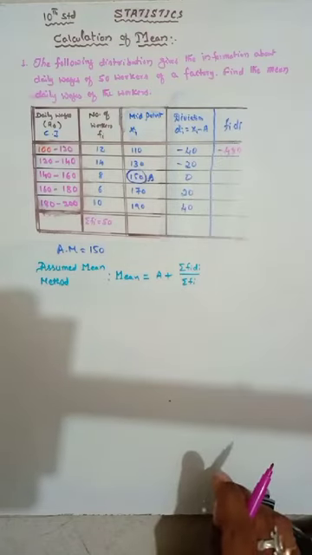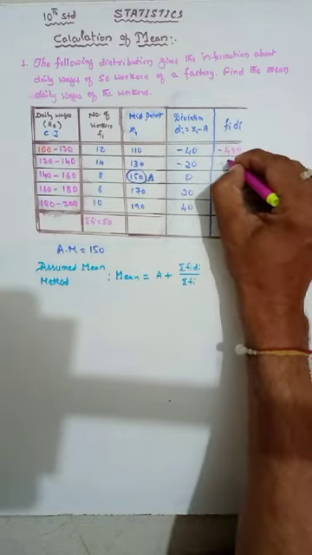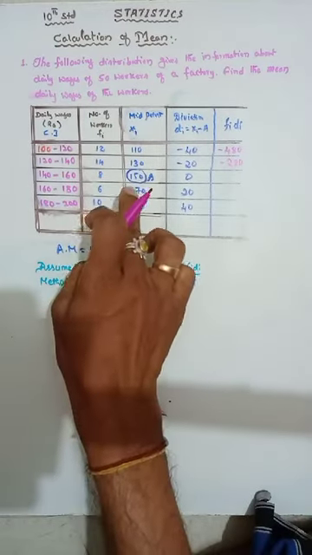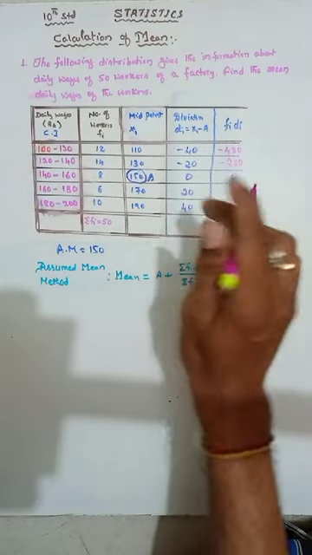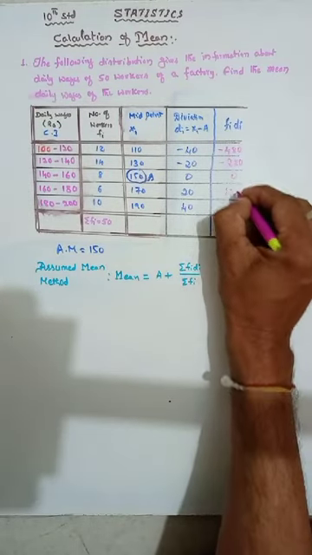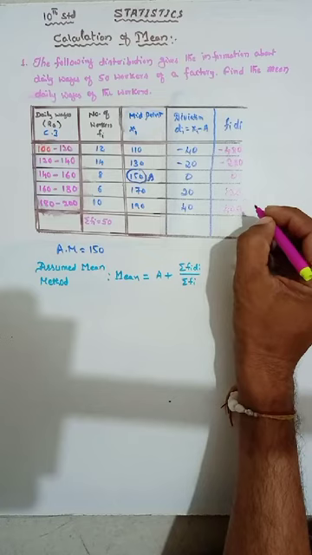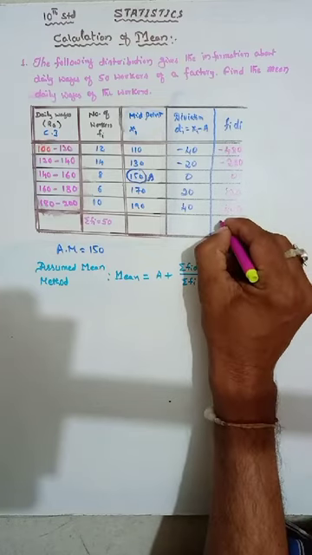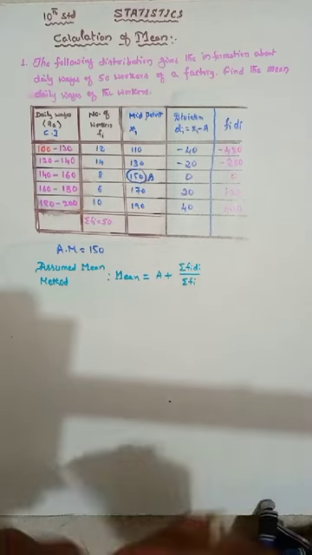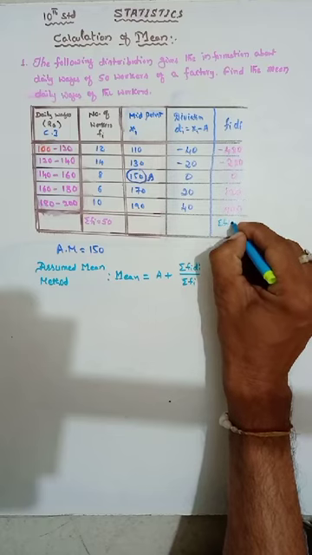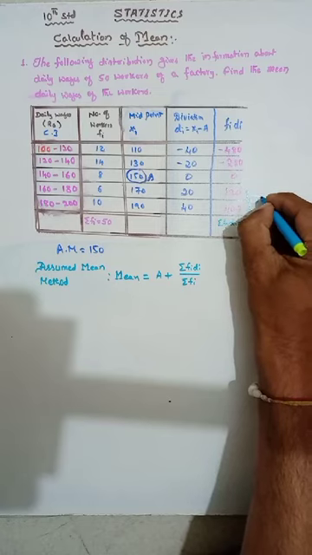Again 14 into minus 20 is minus 280, 8 into 0 is 0, 6 twos are 12, 120, and 10 fours are 40, 400. Now take the sum of these products, sigma fi di. The sum of these two positive values is 520.